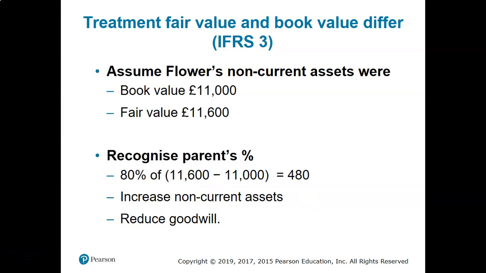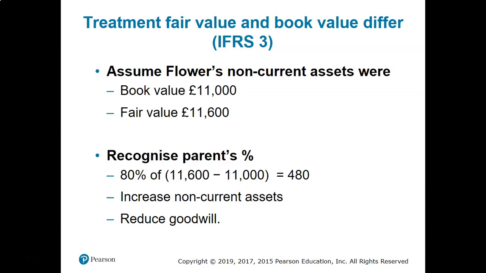If the fair value and book value differ, for example, the value of an asset increases, then what will happen? In this example, the book value of the current asset, as we saw, was 11,000, but if the fair value is 11,600, that is a 600 increase, then what will happen?